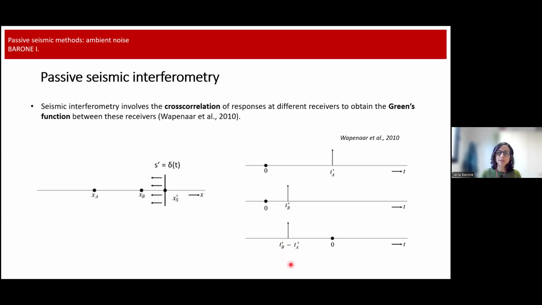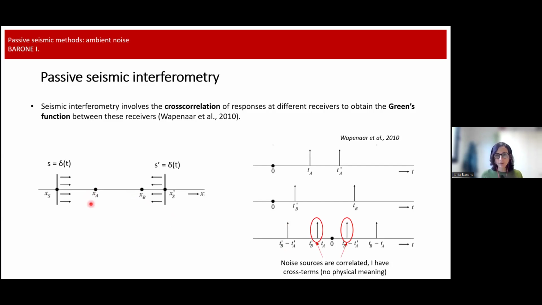This negative time is Tb' minus Ta', which is the time that the wave takes to travel from XB to XA. Again, we have reproduced a virtual source in XB and the signal received in XA.